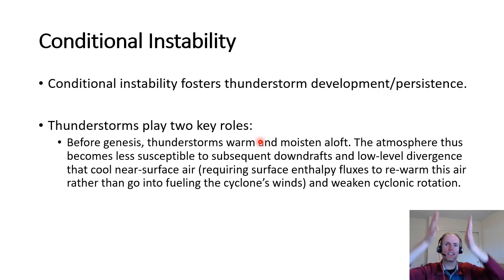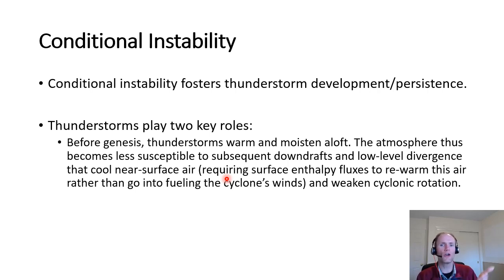You have moistened the vertical profile from the surface on upward. And so you do not get this ability to generate cold air that spreads downward toward the surface and then outward in the form of low-level divergence. That low-level divergence disrupts cyclonic rotation. That cool air that comes down near the surface has to be rewarmed by the underlying ocean in order for the next thunderstorm to be able to form.